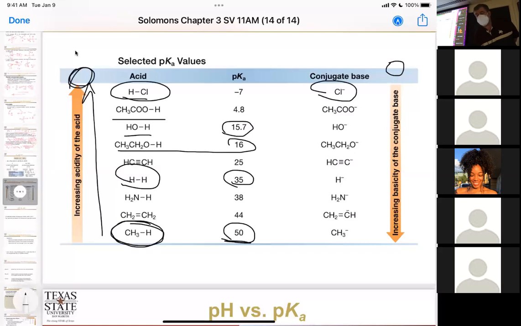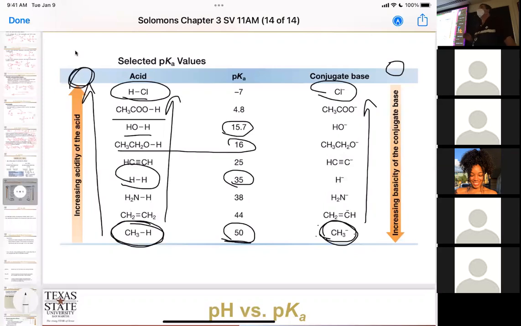So if we took that proton off methane, which was a very weak acid, what kind of base is it? It's a very strong base. It wants to accept hydrogen so badly that it will strip them off anything below it on that list of acidity. So very strong acid makes very weak base, and very weak base makes very strong acid.